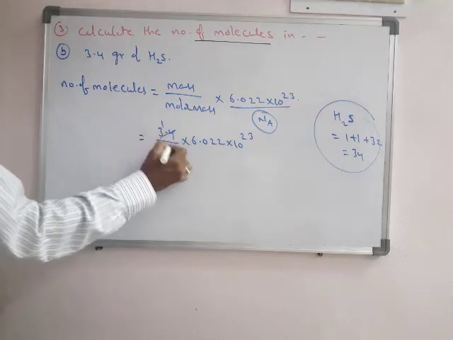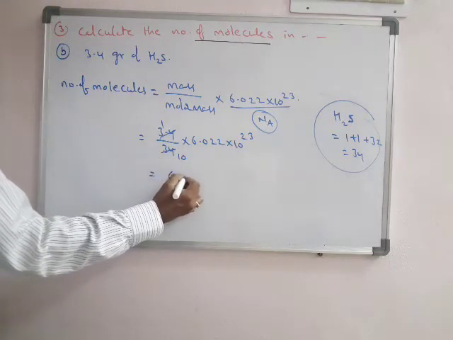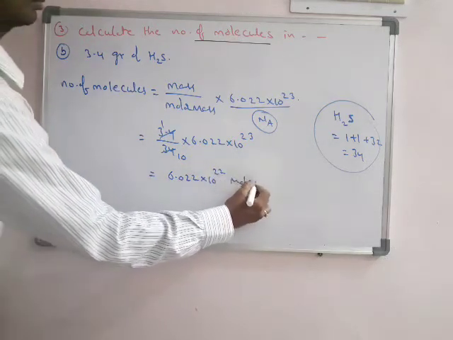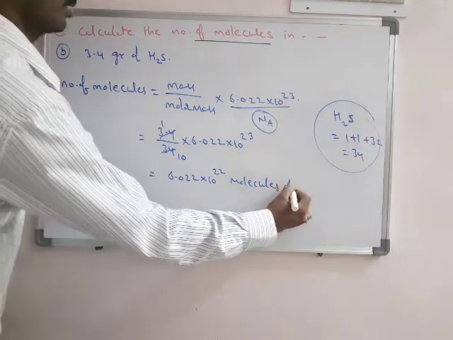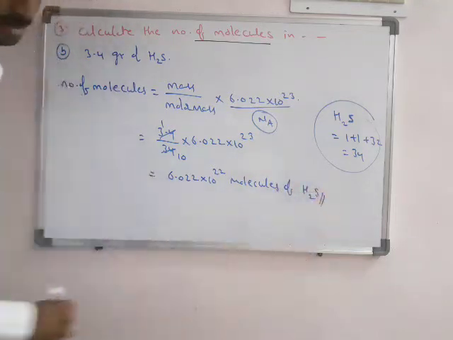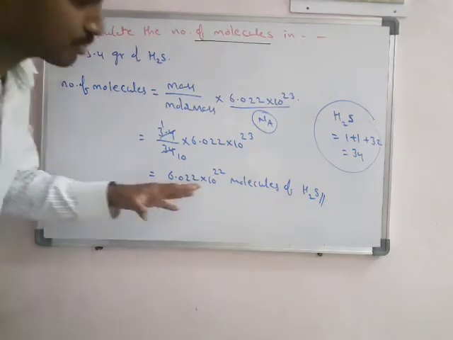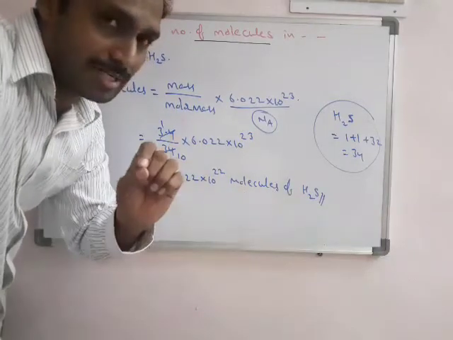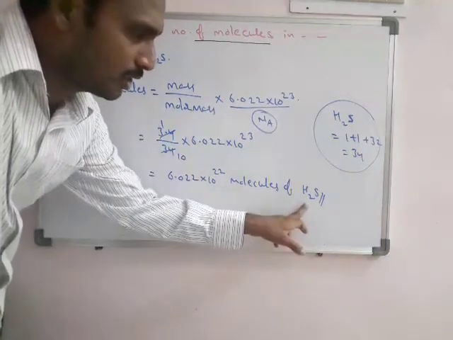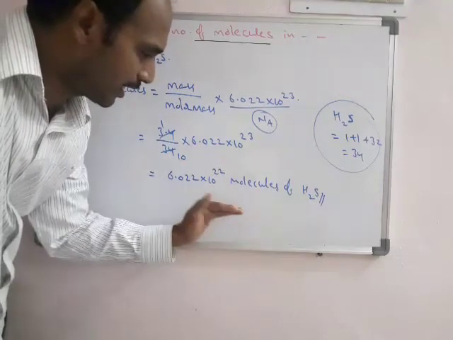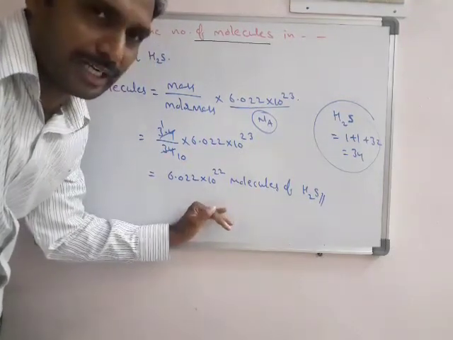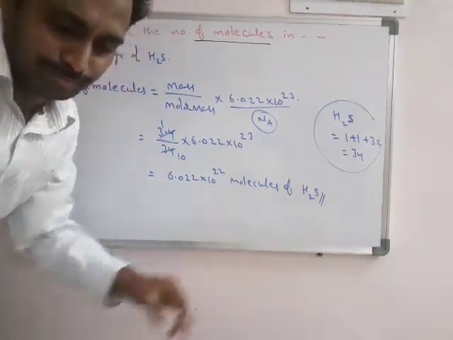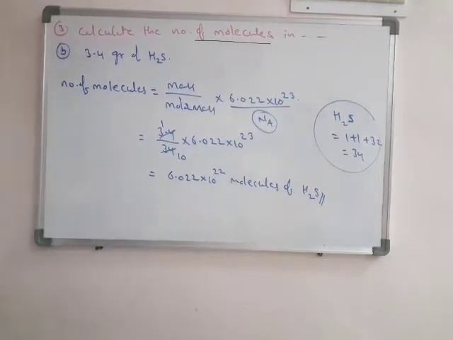Just by 10, and we get 6.022 into 10 power 22 molecules of H2S. మళ్ళీ దీన్ని atoms లో క్యాలిక్యులేట్ చేయాలంటే, number of atoms in one molecule అవుతుంది 3. అంటే దీన్ని atoms లో కన్వర్ట్ చేయాలంటే after getting the number of molecules, multiply with 3 and we will get the number of atoms. But here the question is only to calculate the number of molecules.